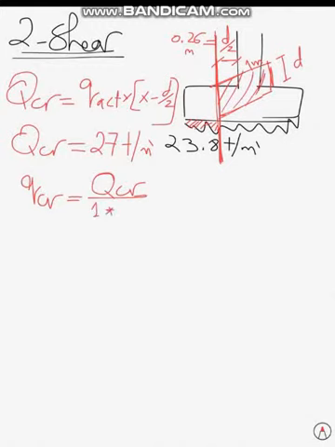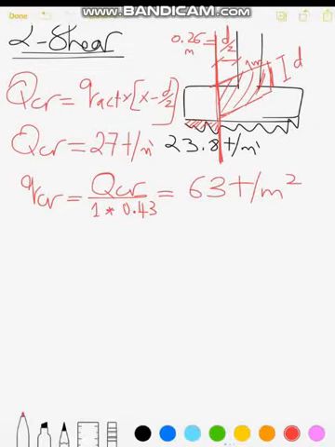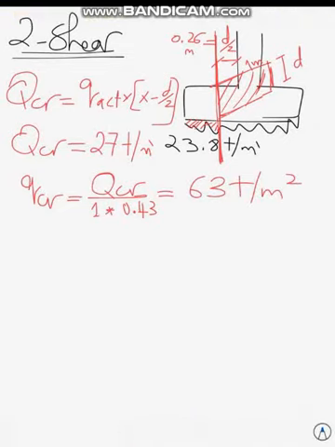So this is 1 meter times the depth 0.43. You can calculate it, and it is 63 ton per meter squared. I need to compare this value with the allowable value, which is fixed at 35 ton per meter squared. It's fixed in our course.